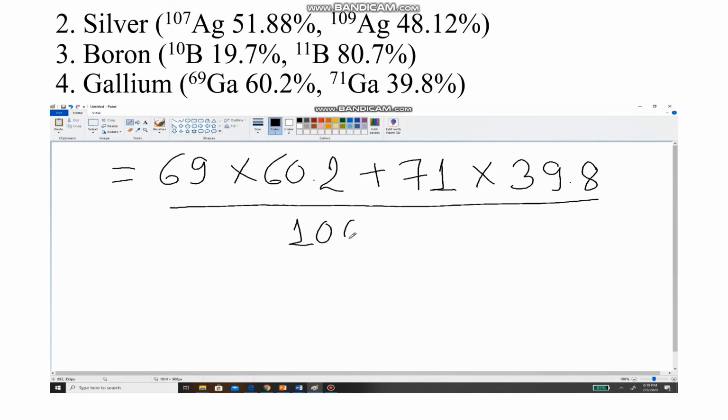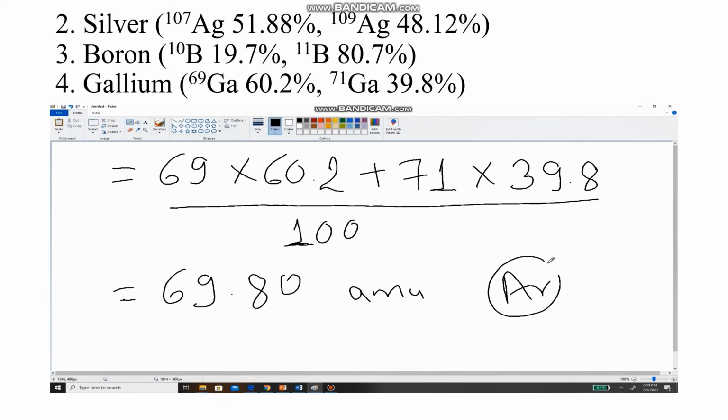So when we calculate this as a whole we get the answer 69.80 AMU. So this is the relative atomic mass of gallium. So the answer to question number 4 is 69.80.